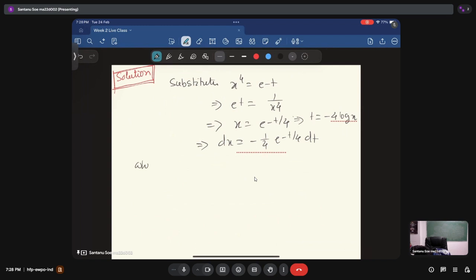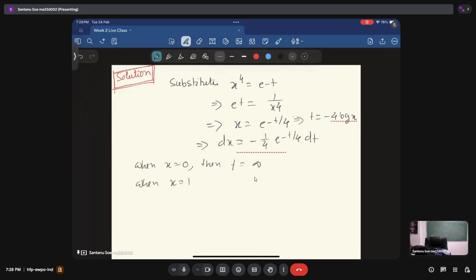So when x equals 0, if you just put x equals 0, then you can see that t is actually plus infinity, correct? Because log of 0 will be minus infinity, and minus times 4 times log 0, minus infinity, will be plus infinity. So this will be plus infinity.